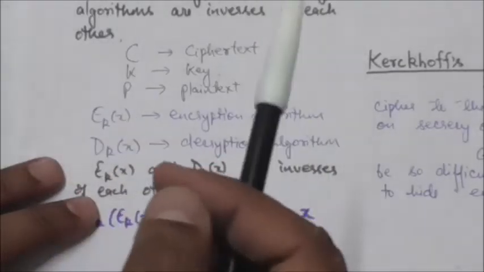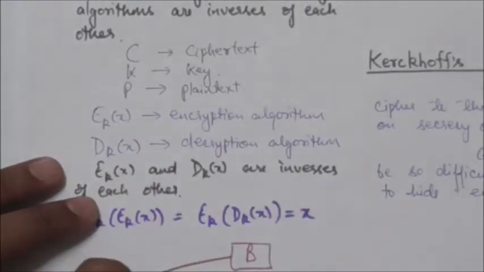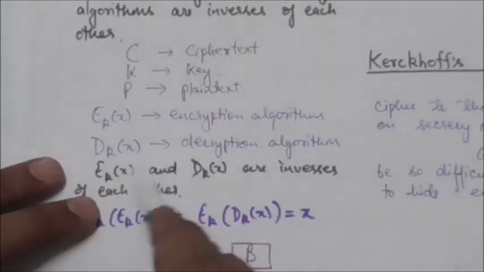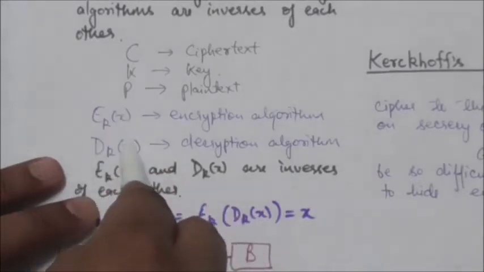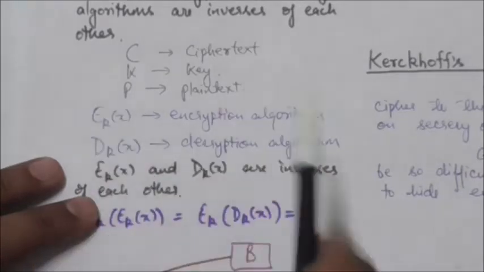And here we assume that these E_K(x) and D_K(x) are inverses of each other.